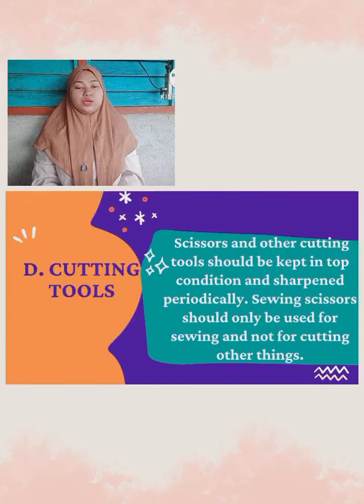And then the cutting tools, which are the tools that are used for cutting, like the scissors. And these cutting tools should be kept in a well-organized room, so that we can ensure the tools that we are going to use are sharp, and when it cuts on the fabric it is clean.